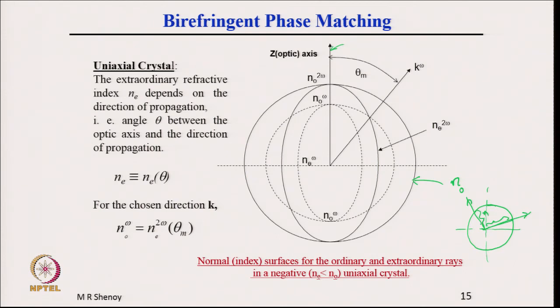If you plot refractive index as a function of the direction of propagation, you get a surface which is called the index surface or normal surface.